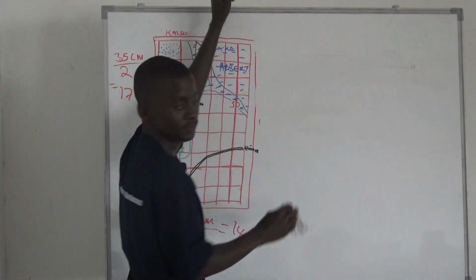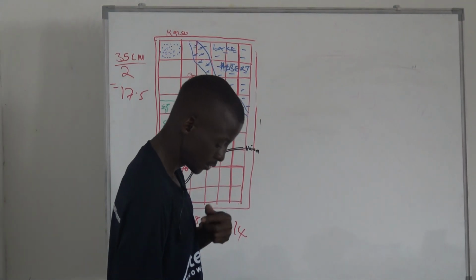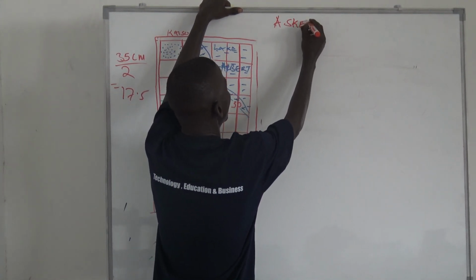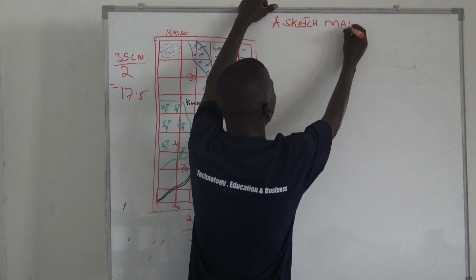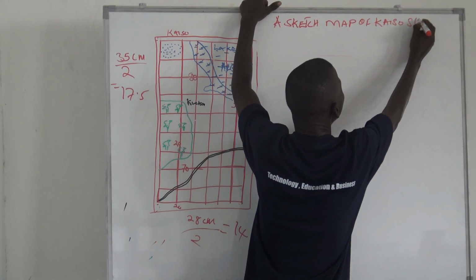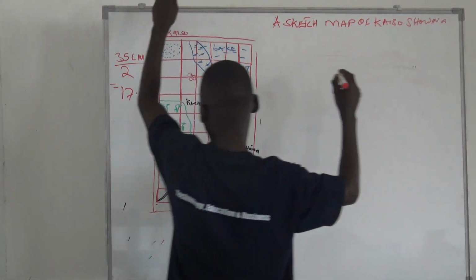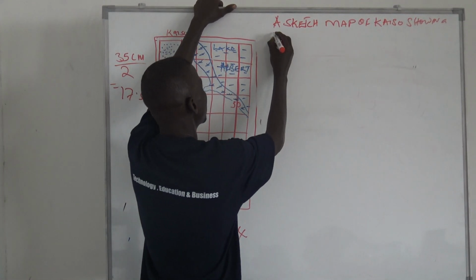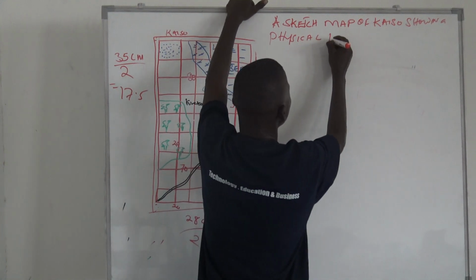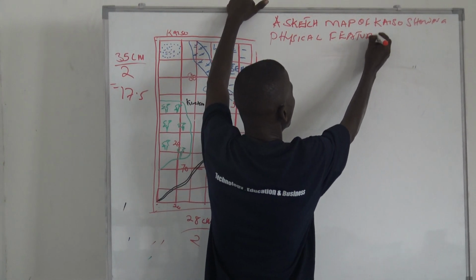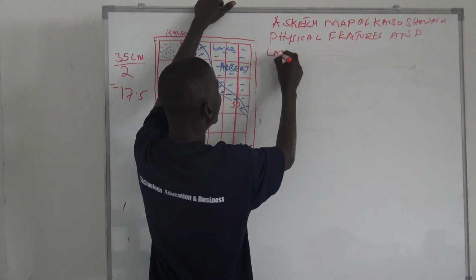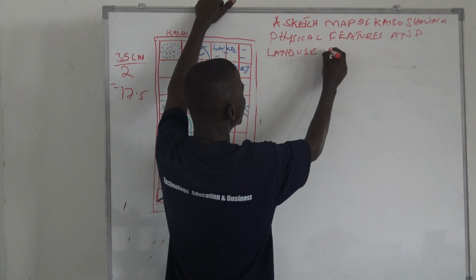Have a heading. The heading will read: a sketch map of Kaiso showing physical and land use activities, physical features, and land use activities.